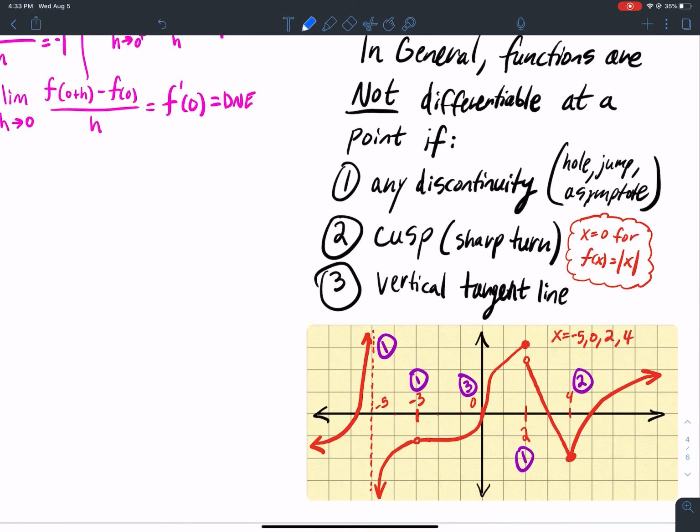We're looking for a graph that is smooth and continuous, and therefore then it will be differentiable at that point, okay? So that's what we're looking for when we're trying to figure out, is this function differentiable at the point, yes or no? And so these are the three general reasons why you might not be differentiable at a point.